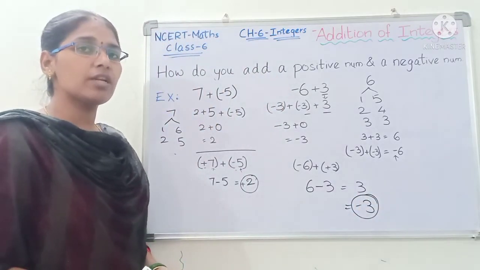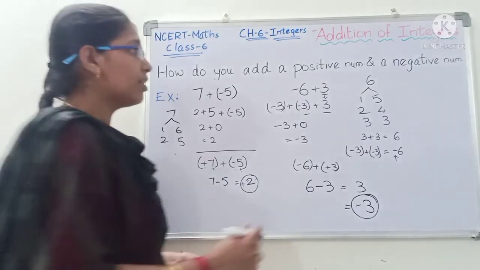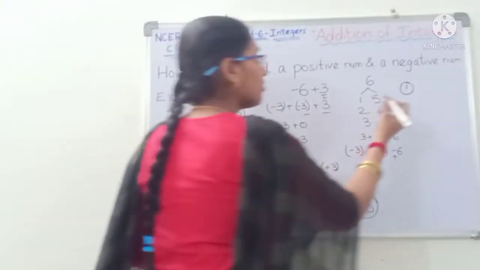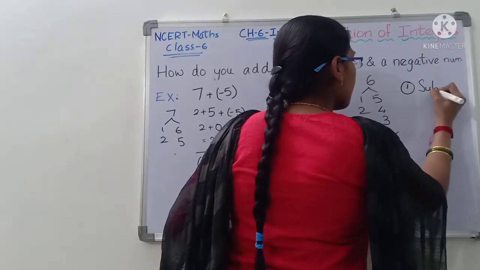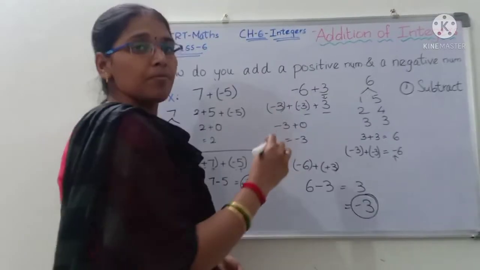Now, children, you all understood how to solve the addition of one positive number and one negative number. First, if one is positive and one is negative, in the first step, you should subtract the smaller number from the bigger number.